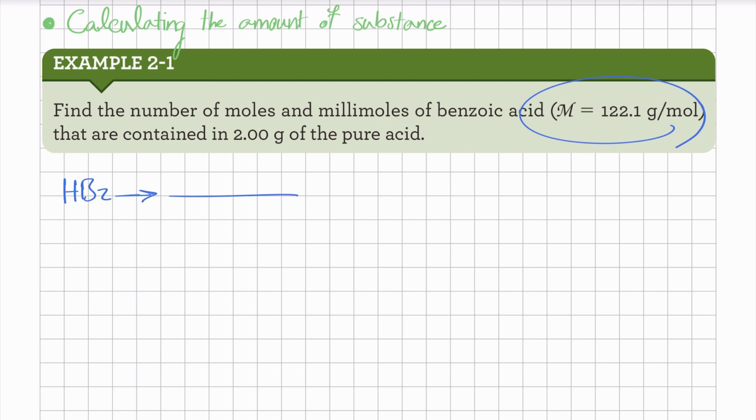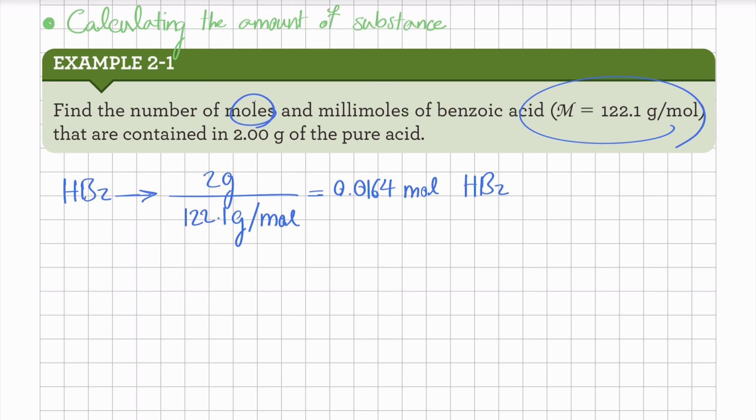To calculate the moles, we can easily say 2 grams of benzoic acid divided by 122.1 grams per mole is going to give us the moles of benzoic acid, which is going to be 0.0164 moles of benzoic acid.